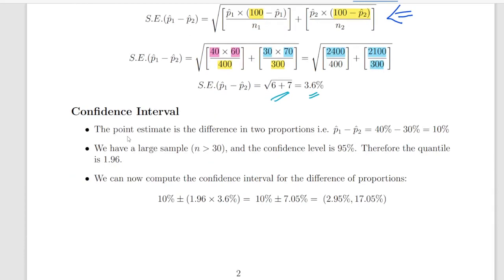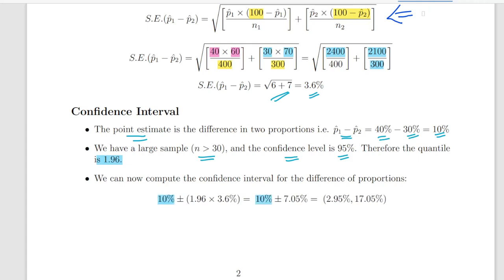Now, the point estimate is the difference in sample proportions, p hat 1 minus p hat 2, 40% minus 30%, that is 10%. We have a large sample, that's always going to be the case with these proportions questions, and the confidence interval is 95%, therefore our quantile is 1.96. Hopefully you should be familiar with that. So, putting it all together, point estimate is 10%, okay?